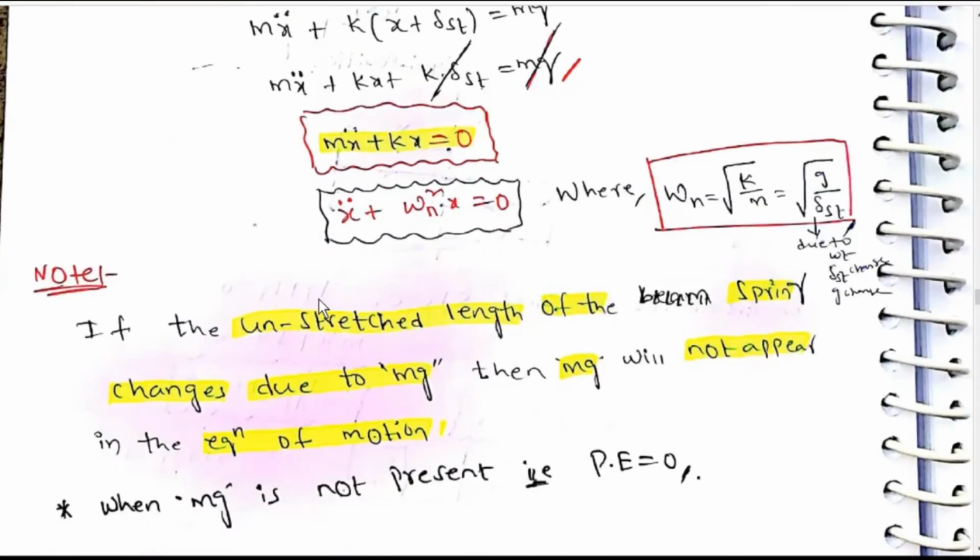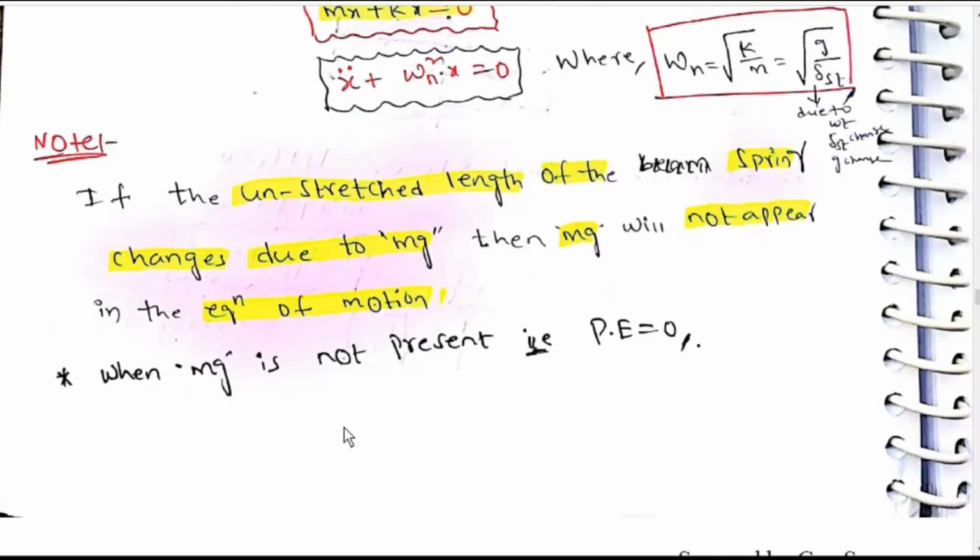If the unstretched length of the spring changes due to mg, then mg will not appear in the equation of motion.